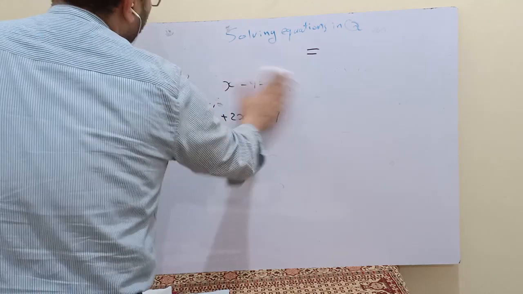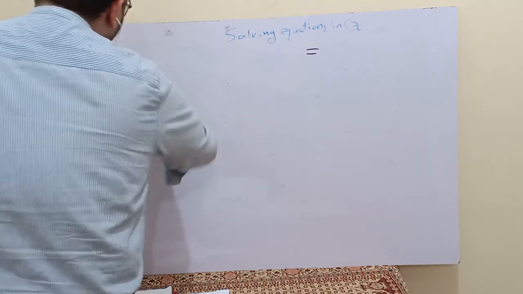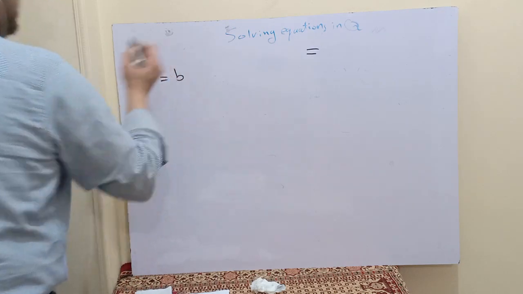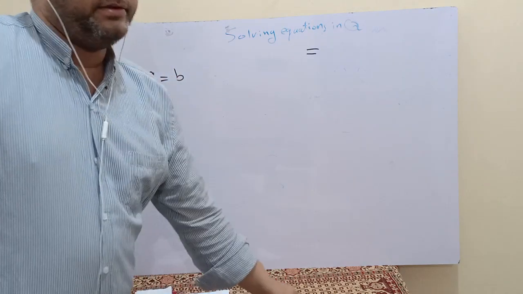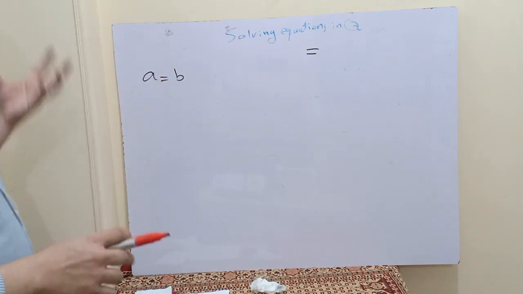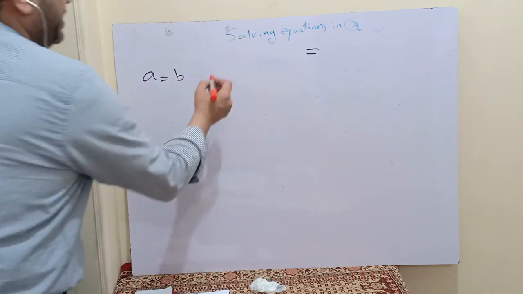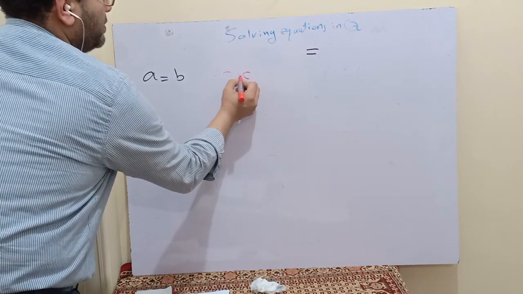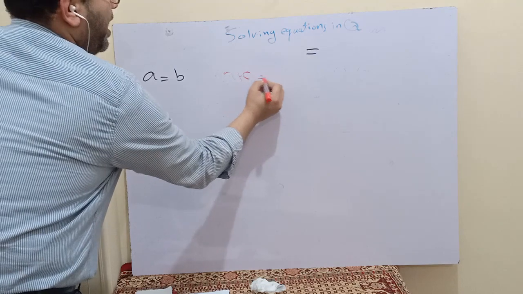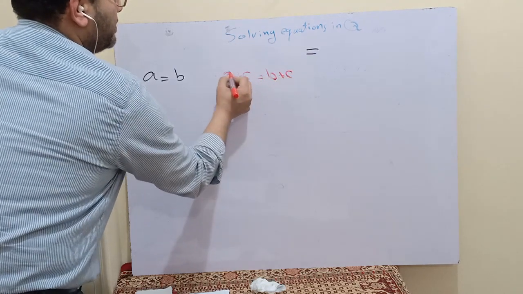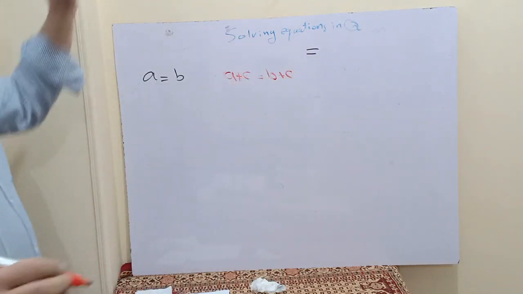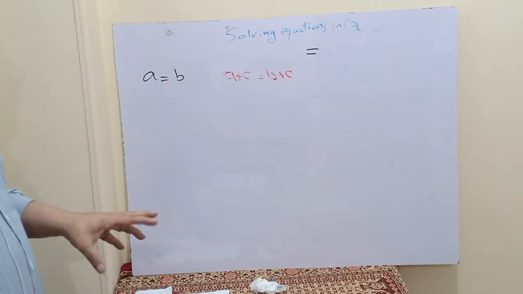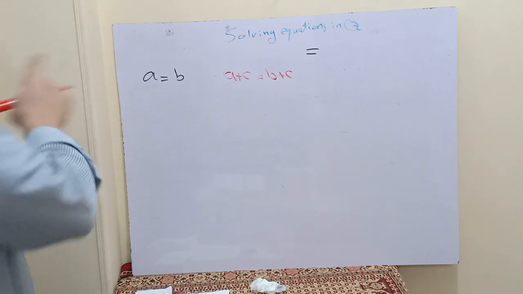If we have two numbers or two expressions that are equal, like A = B, we can add a constant number to both sides, A + C and B + C, and the two sides are still equal because we added the same number to both sides.